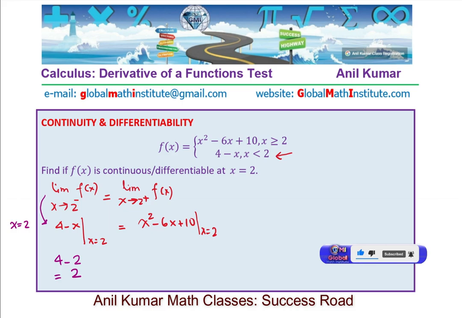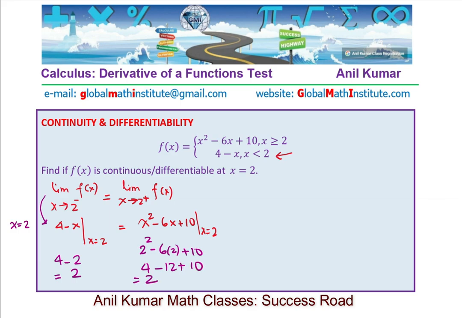On the right hand side, when I substitute 2, I get 2 squared minus 6 times 2 plus 10, which is 4 minus 12 plus 10, which is also equal to 2. Since we have shown that both the limits are equal, the function is continuous.